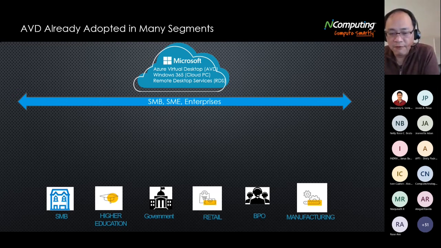If we look at the BPO business model, they tend to hire a lot of contractors. Because contractors and employees are now working from home, they have to provide a holistic solution so agents can work securely with good quality of service for voice anywhere.